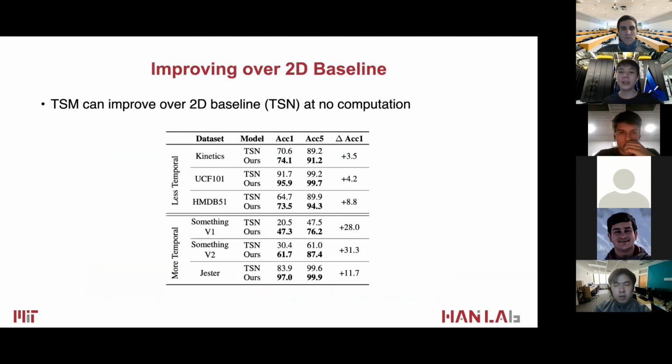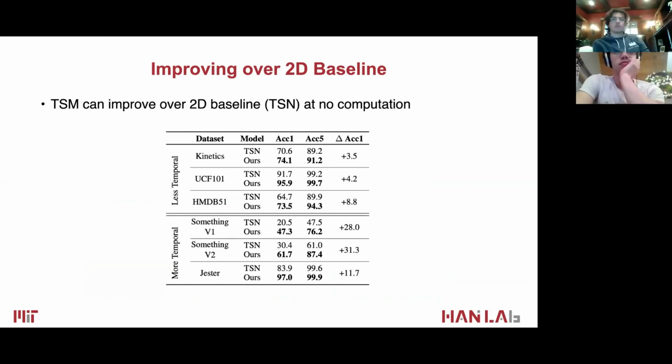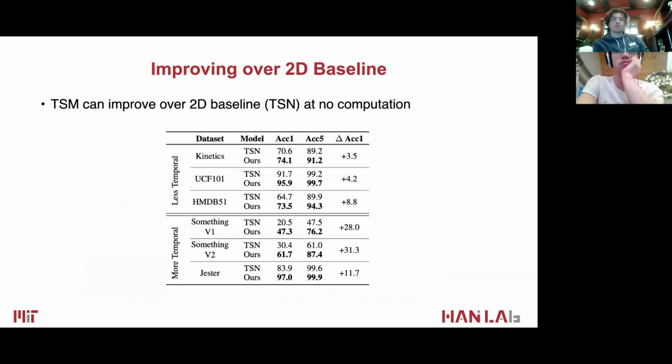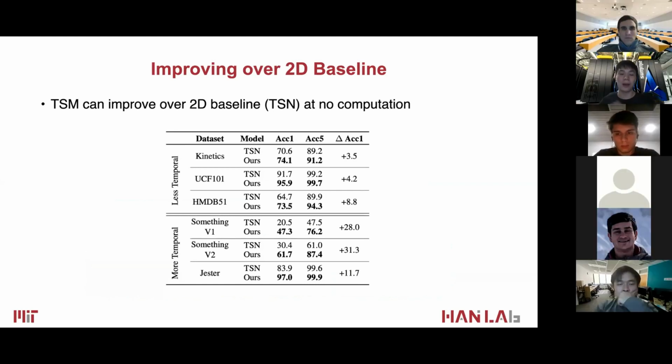The first thing we want to show is that our TSM module can easily improve the performance over the 2D baseline. Here we use a 2D baseline called TSN, which has a very similar name. What it does is just sample some frames from the video, apply 2D CNN to give prediction, and average the prediction for the whole video.